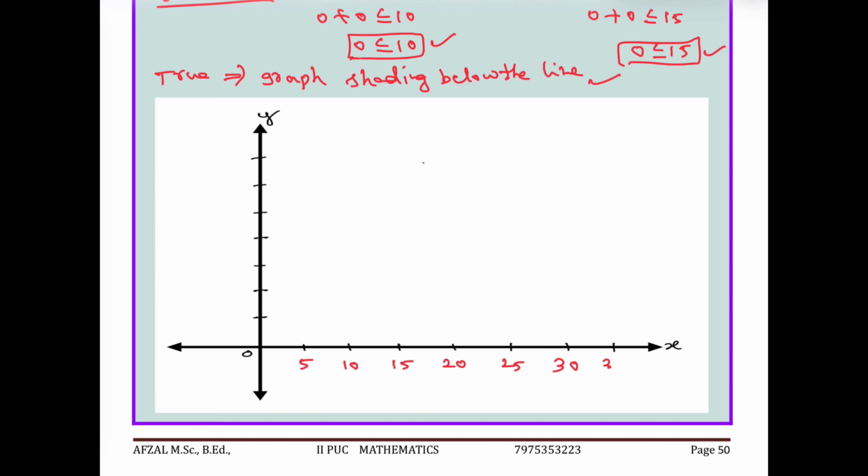Next, 36th question. If A, B, C are unit vectors, unit vector means magnitude of vectors A, B and C is 1, such that A plus B plus C equals 0, then find A dot B plus B dot C plus C dot A. A plus B plus C whole square formula is A square plus B square plus C square plus 2AB plus 2BC plus 2CA. Now square on both the sides.